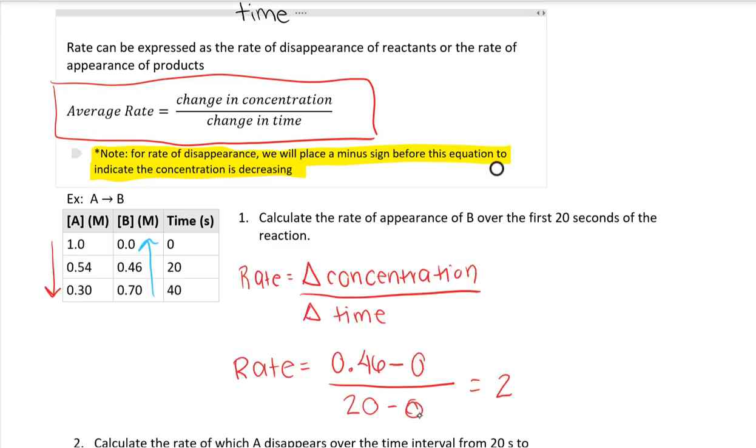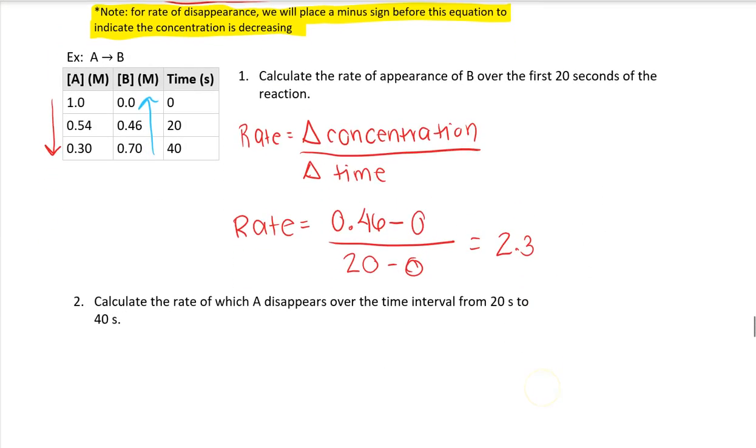And I would get 2.3 times 10 to the negative second molar per second.